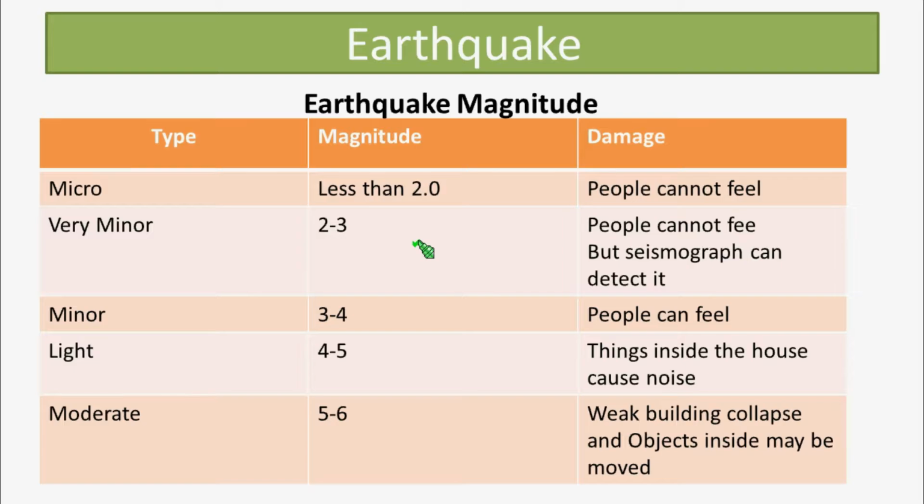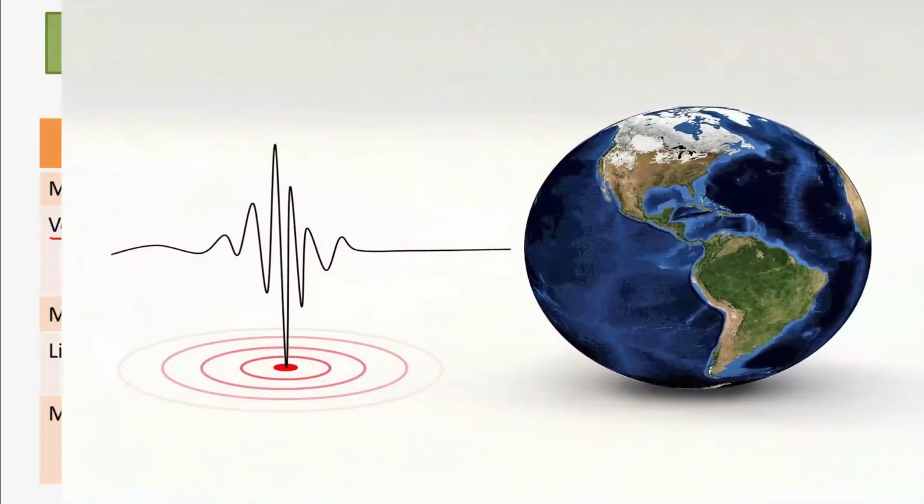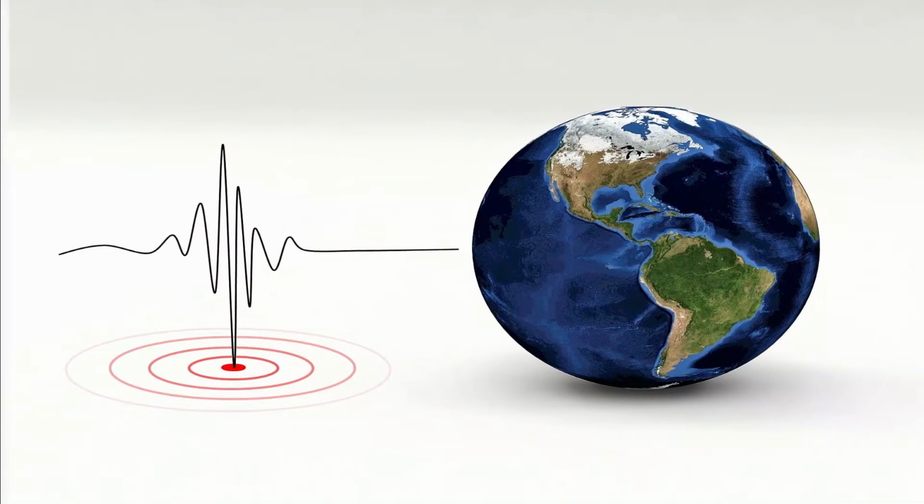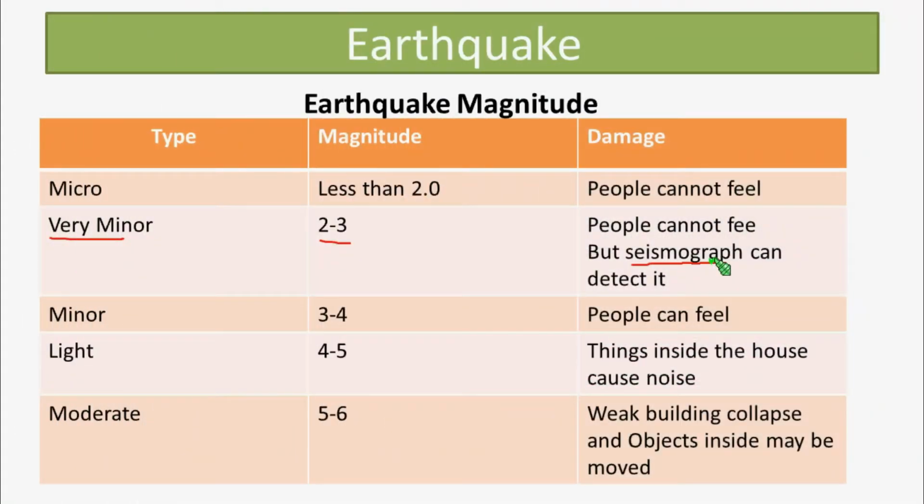Let's try to understand. First we have very minor. Very minor is the type of earthquake which is of 2 to 3 magnitude, and its intensity is very low. Even people cannot feel it, but the seismograph, the instrument which is used to record the intensity of earthquakes, can detect that an earthquake has come.